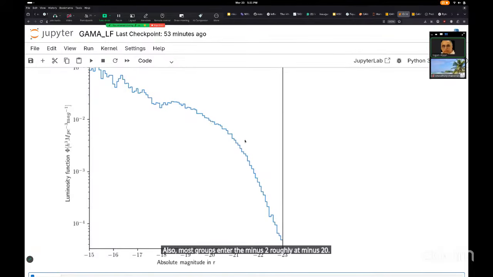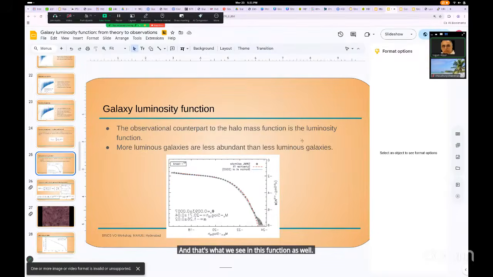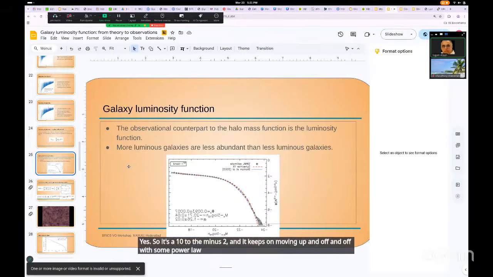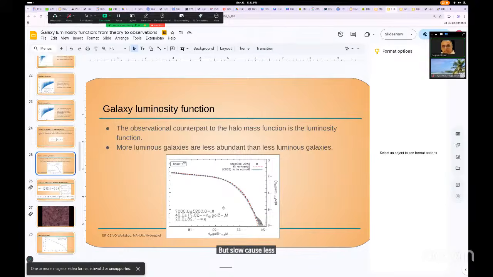So it's basically the same. And it continues down to 10 to the minus 1. And that's what we see in this function as well. Here, it's at 10 to the minus 2 and it keeps on moving up and up and up with some power law, it will reach minus 1. But the slope was less fainter than gamma. And so it peters out at minus 20.